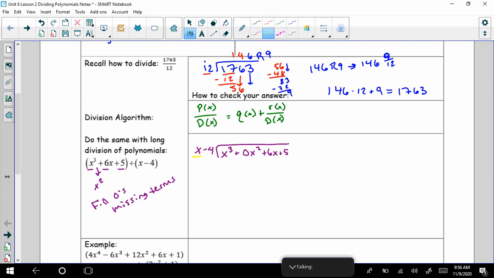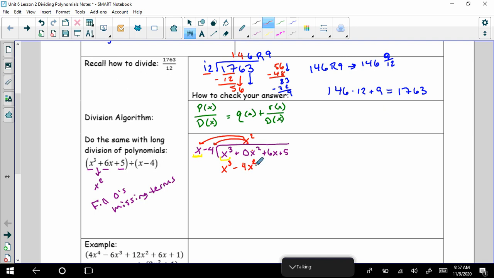So we're going to look at the first term here and the first term here and say, okay, what can you multiply x by to get x cubed? Well, that's x squared. So now it is above the other x squared here. And then we're going to distribute this. So this multiplies to this and to this. So we get x cubed minus 4x squared.